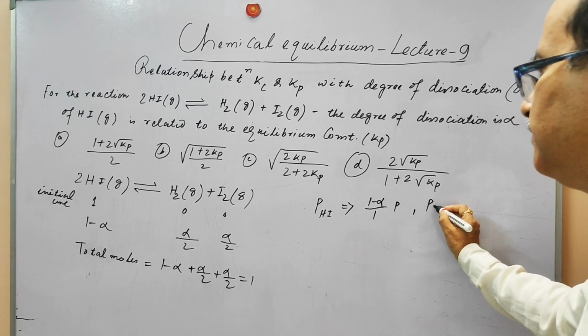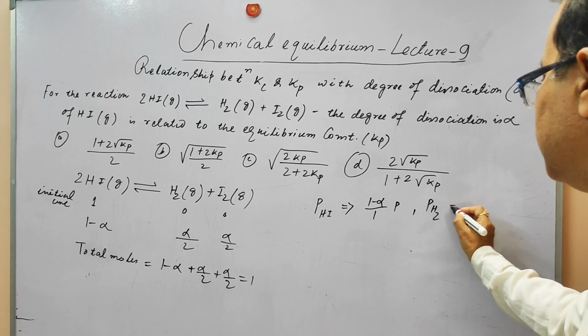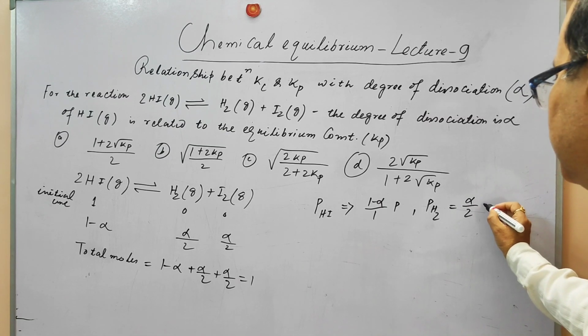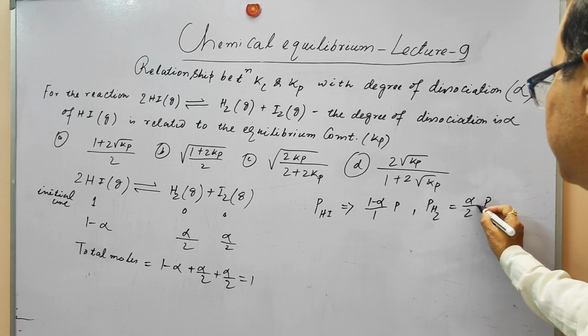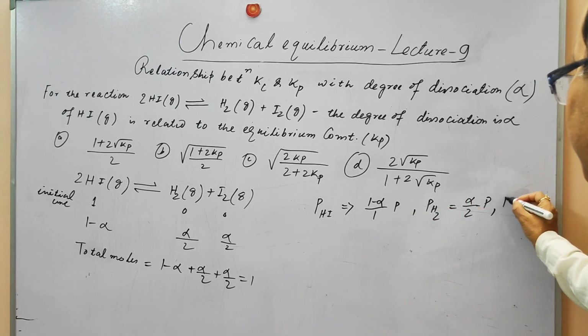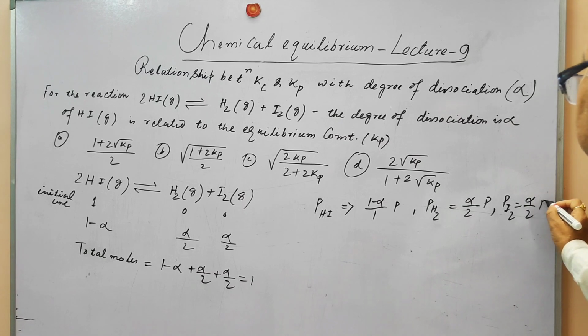Partial pressure of hydrogen: mole alpha by 2 into P, and total mole is 1, so this will be this, and for I2 you will get alpha by 2 into P.